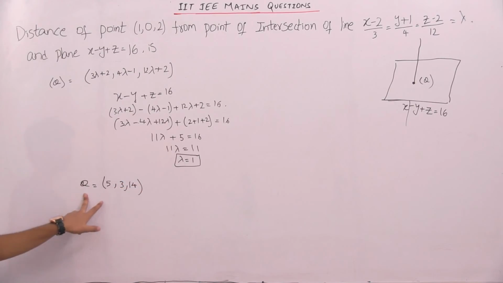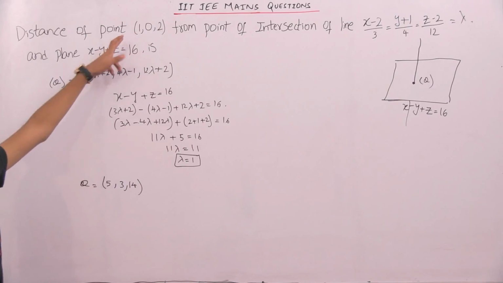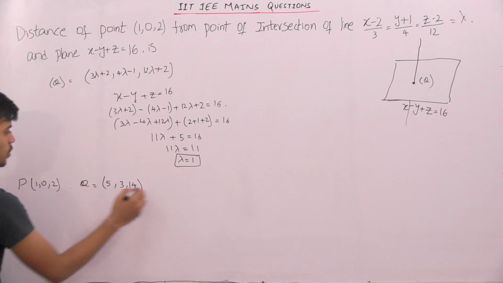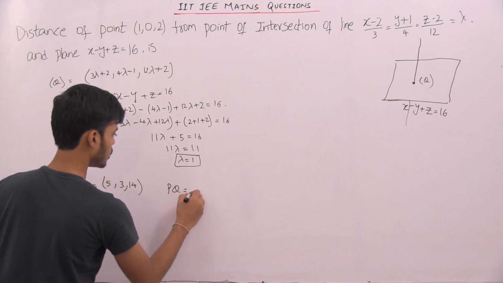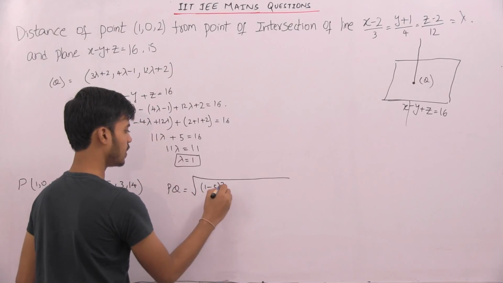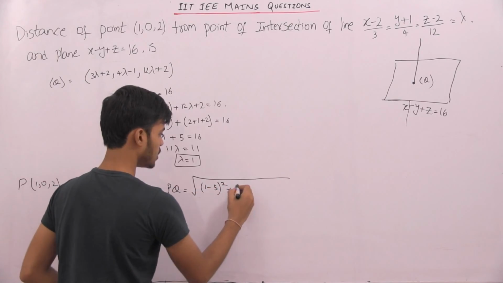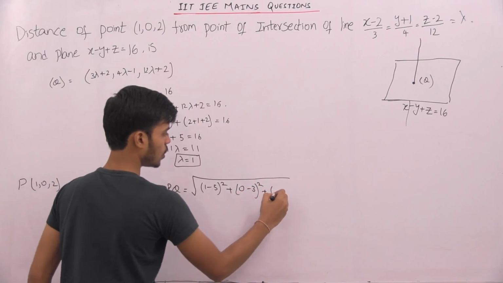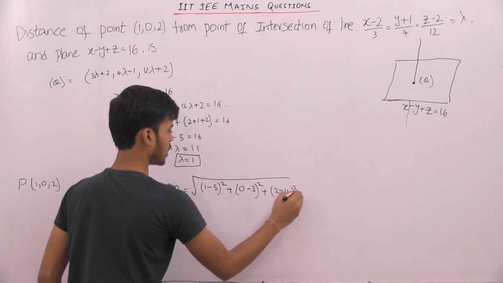So we got the point Q, we have the point P, 1, 0, 2. Now all we have to do is find the distance PQ. So PQ is equal to the square root of 1 minus 5 whole square plus 0 minus 3 whole square plus 2 minus 14 whole square.